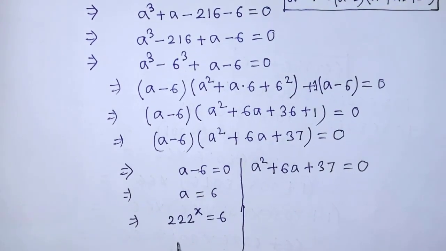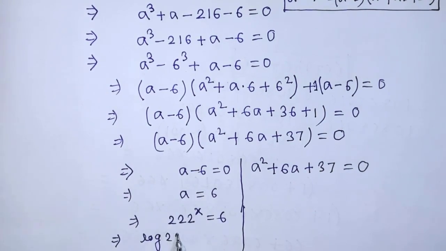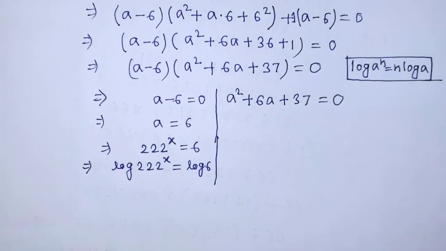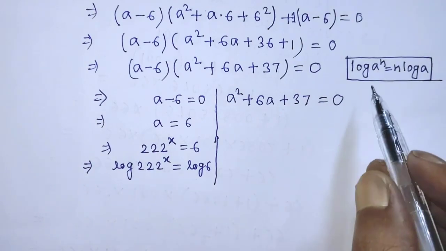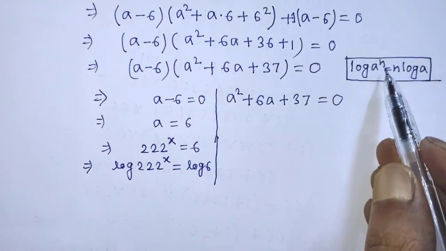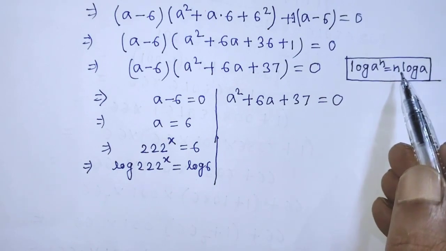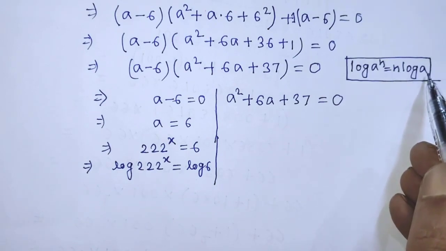To find the value of x from this equation, we have to take log on both sides. So we can write log of 222^x = log of 6. To simplify the left hand side, we apply the formula log of a^n = n times log of a.